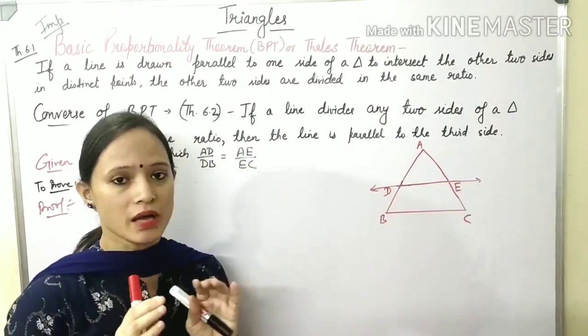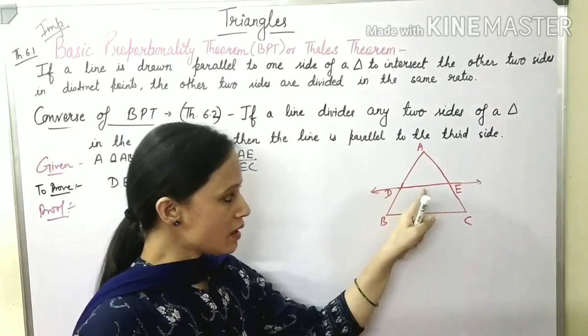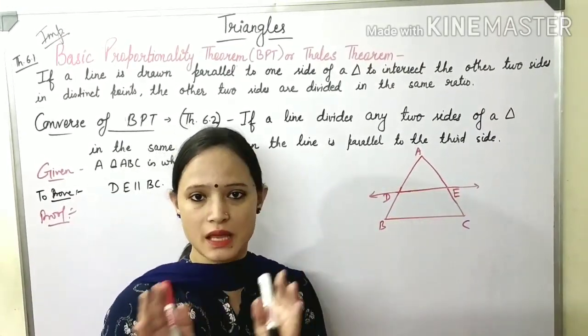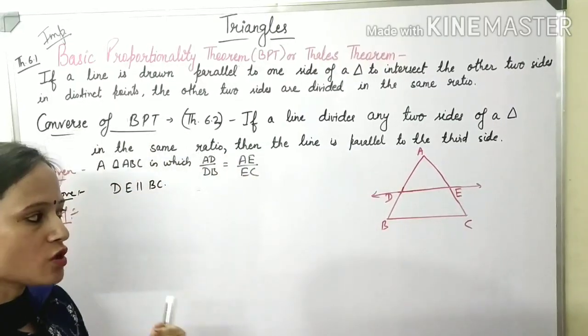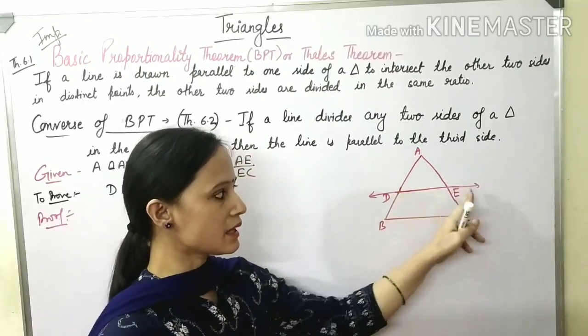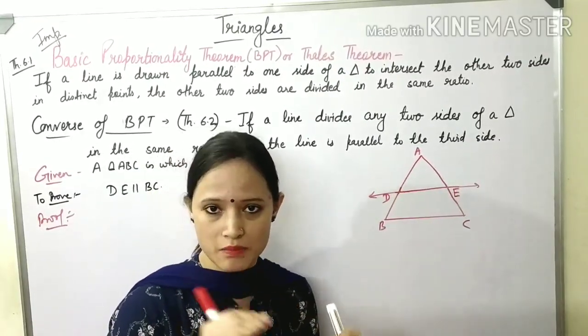It means in BPT it is given that when a line is parallel to one side, the other two sides get divided in the same ratio. Fine. Now the converse of it will be that in a triangle it is given that the sides are getting divided in the same ratio.